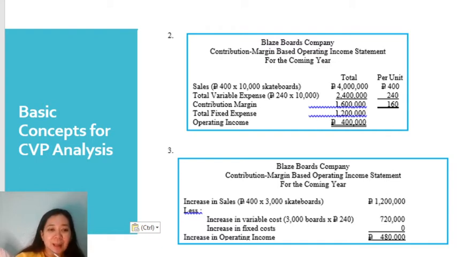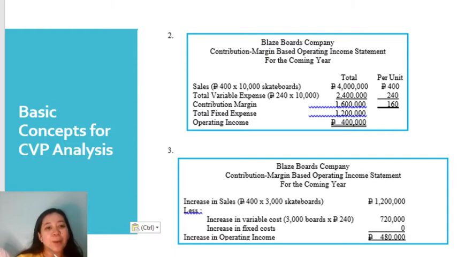So in number 3, as I mentioned earlier, we use the incremental approach. Only the increase in the number of units will be included in the analysis. Here, our increase in sales is 3,000, from 10,000 units to 13,000. Again, we will just multiply it with the selling price.